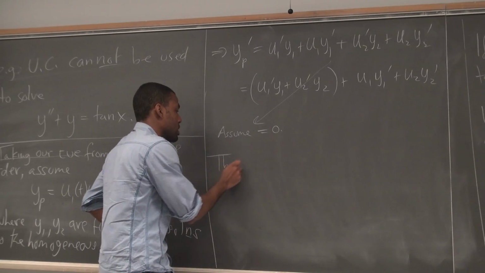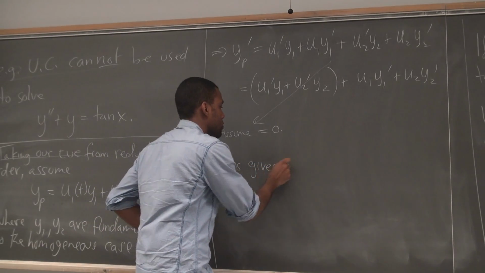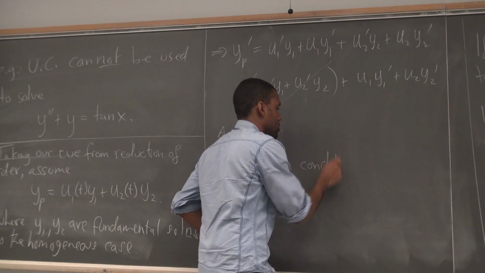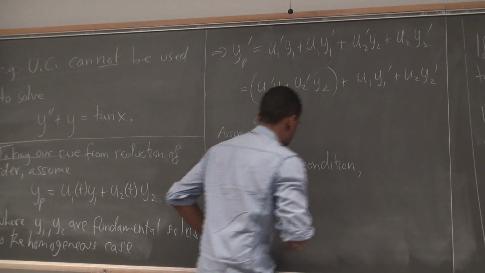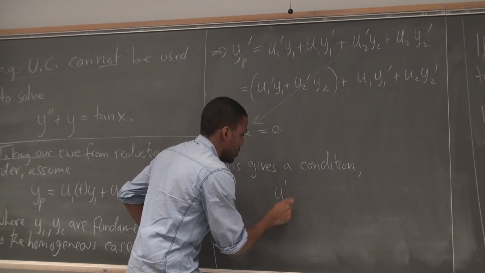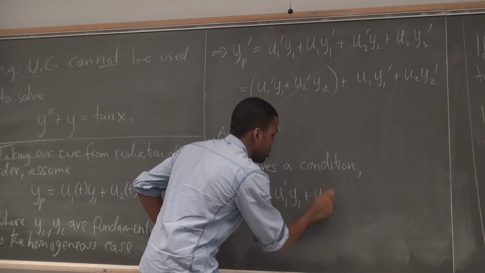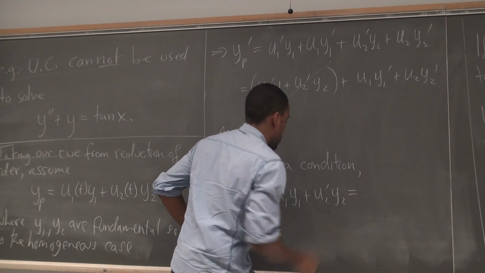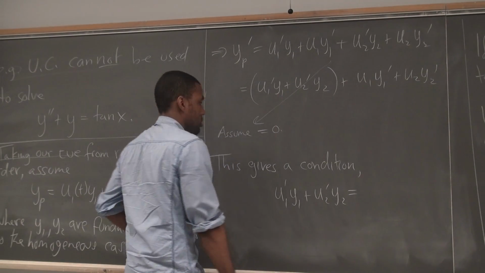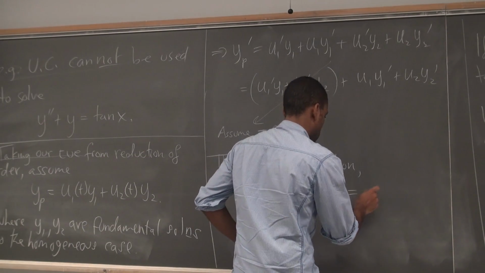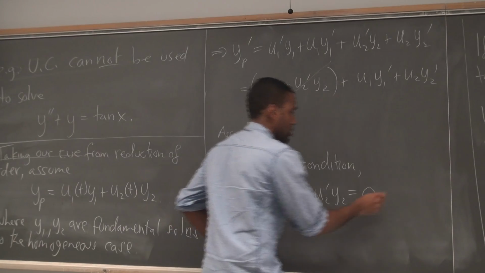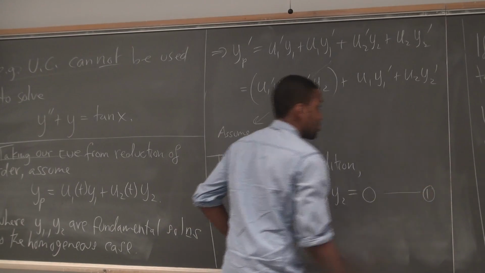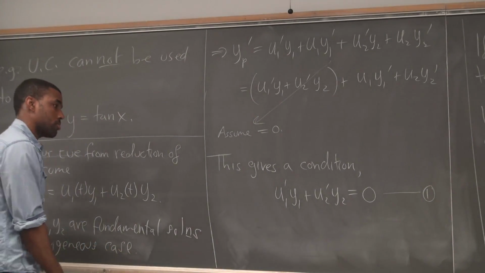And moreover, this gives a condition: u1 prime y1 plus u2 prime y2 should be equal to 0. Let's call that equation 1 in this section.